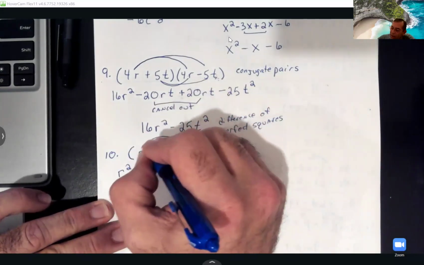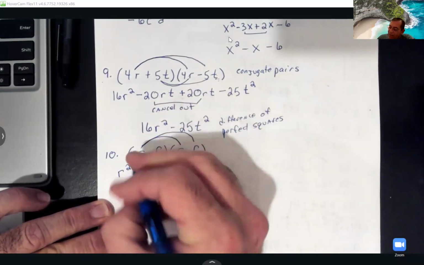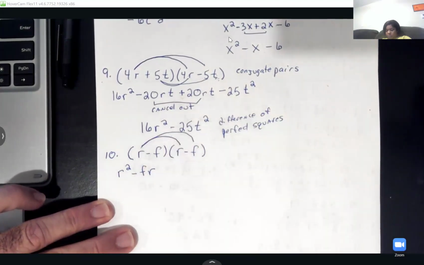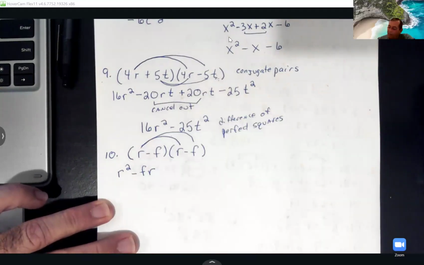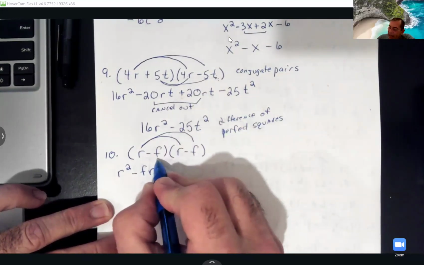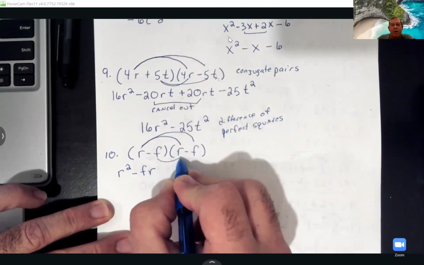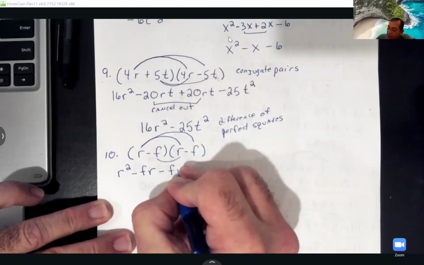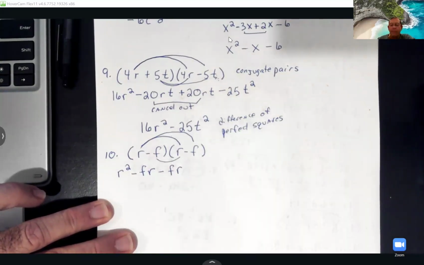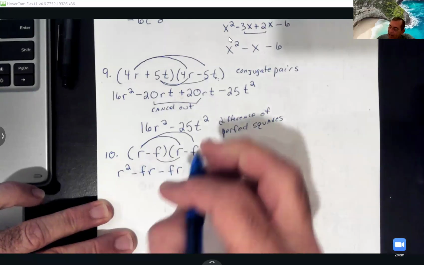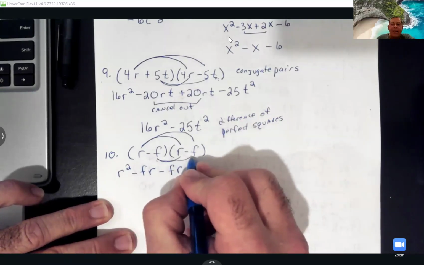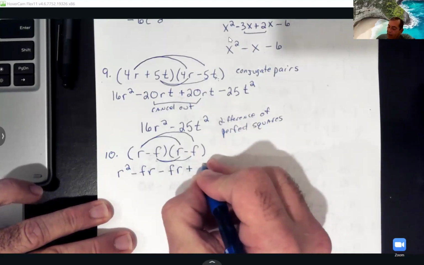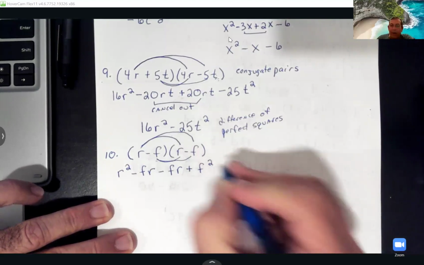That r times that negative f is a negative fr. So remember, I'm just keeping them in my order. But now here you got a negative f times the r. So that's going to give you another negative fr. And then at the end, this negative f times that negative f, well, that negative times negative is going to make that a positive f squared.